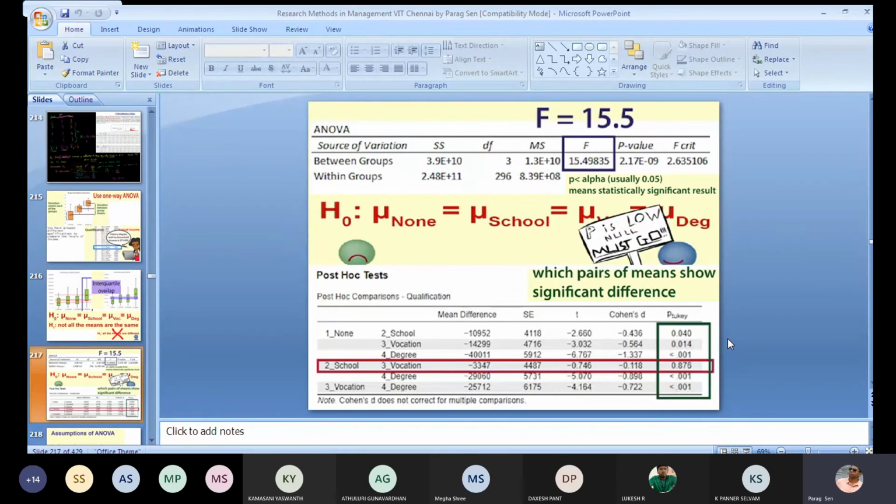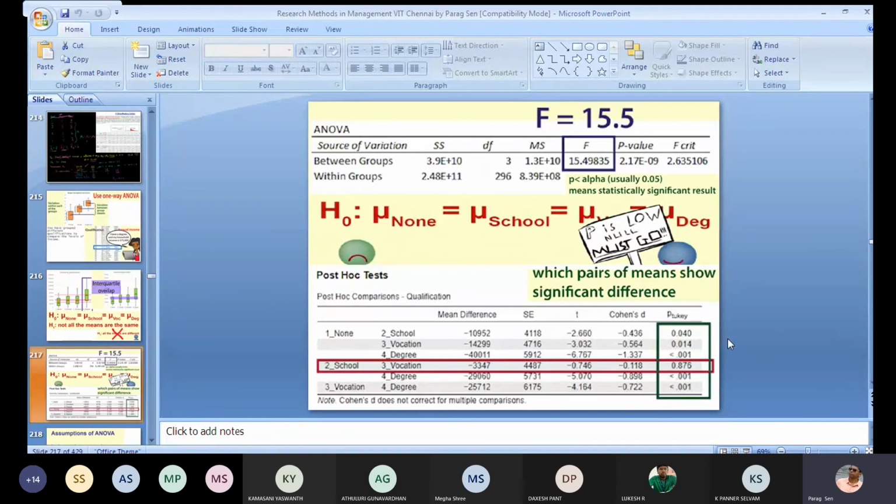From it we can understand which particular pairs are same or different, same meaning in terms of the significance level or the p-value.